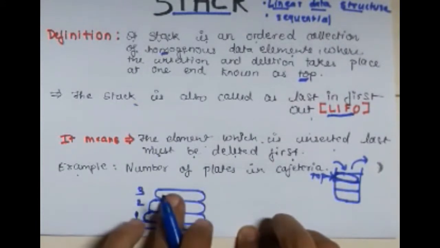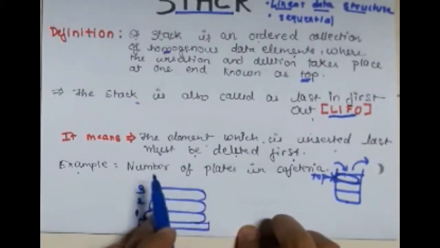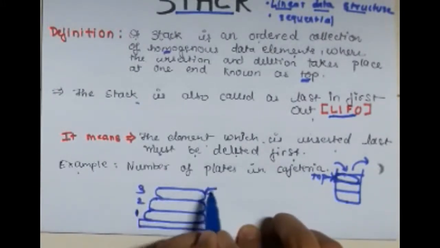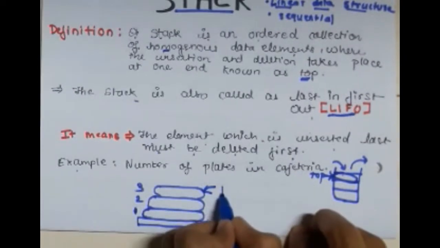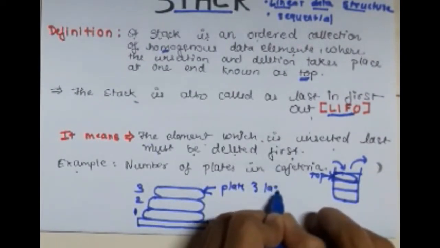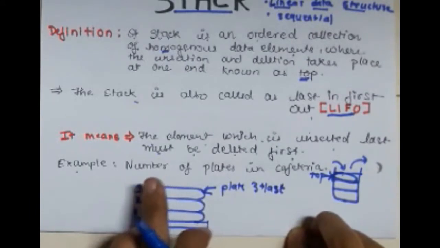Suppose we have inserted 3 plates on this tray. Now the last plate which we inserted on this tray is plate 3. So write here plate 3 last. So plate 3 is inserted last, isn't it?